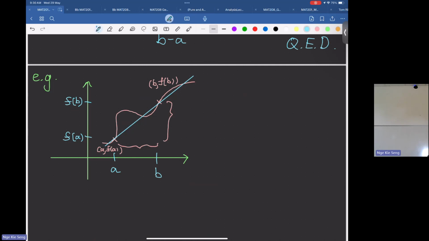So this line is y equals (f(b) minus f(a)) over (b minus a), times (x minus a), plus f(a). This is the gradient of the secant that joins (a, f(a)) and (b, f(b)).